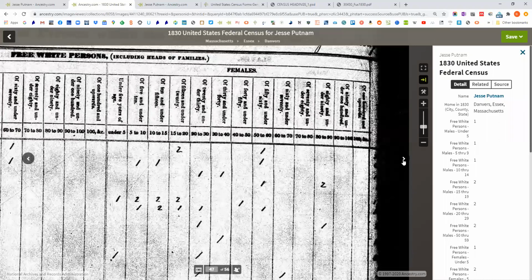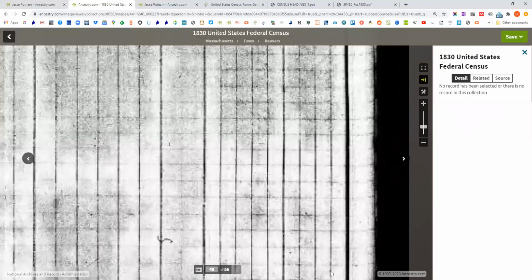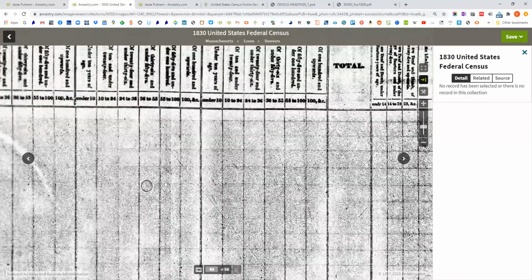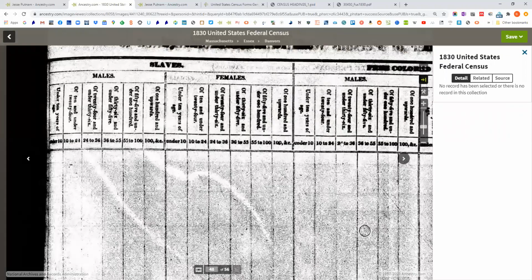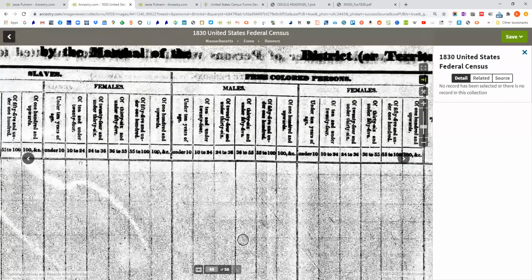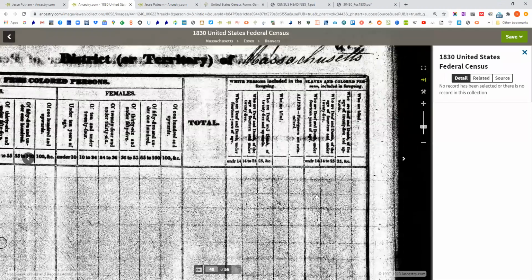But don't forget to go to the second page where you have those who were enslaved, free people of color, and then these other questions about if people were not naturalized, and if they were deaf and dumb, and that divided it over under 14 years and over 14, who were blind, and so on.